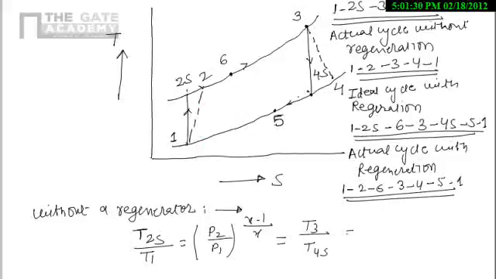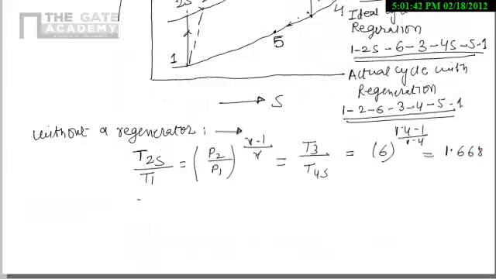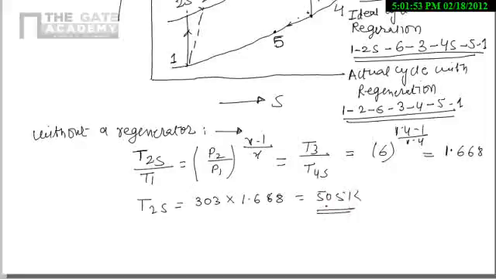So now we are having this P2 by P1 pressure ratio 6, gamma is 1.4, (1.4 minus 1) divided by 1.4, so I will get 1.668. So T2S I will get 303 into 1.668, so 505 Kelvin. So T2S will be 505 Kelvin.